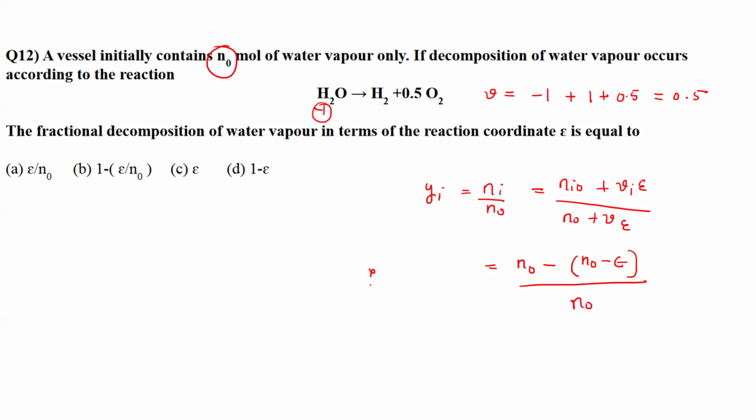Sorry, I have written wrong. Fractional decomposition. So completely N naught moles should be decomposed. How much decomposition has happened till now is the initial minus current, by total, how much it can happen.